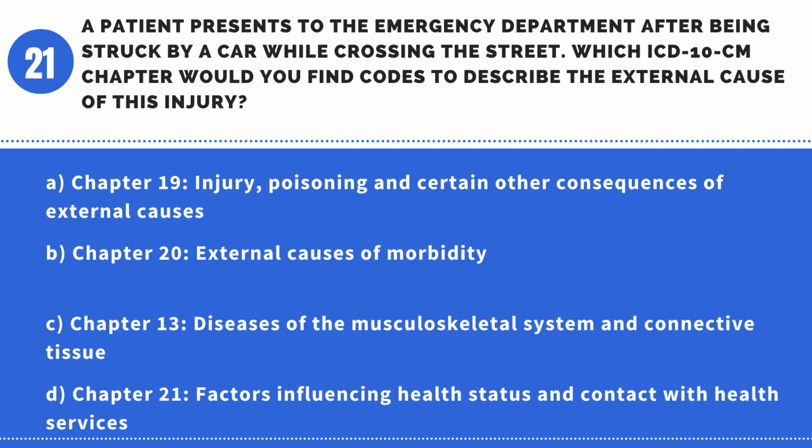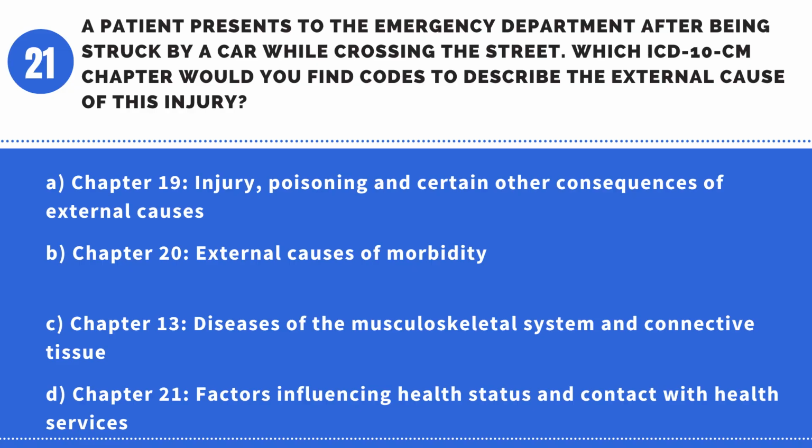Question 21. A patient presents to the emergency department after being struck by a car while crossing the street. Which ICD-10-CM chapter would you find codes to describe the external cause of this injury? A. Chapter 19. Injury, poisoning and certain other consequences of external causes.